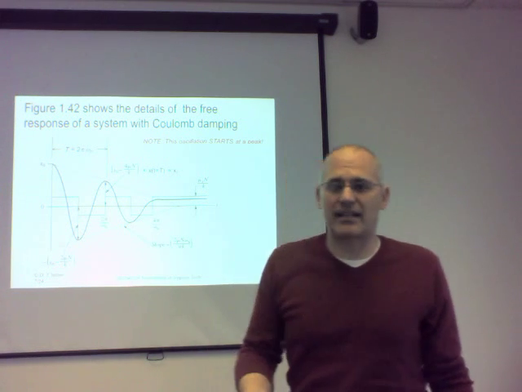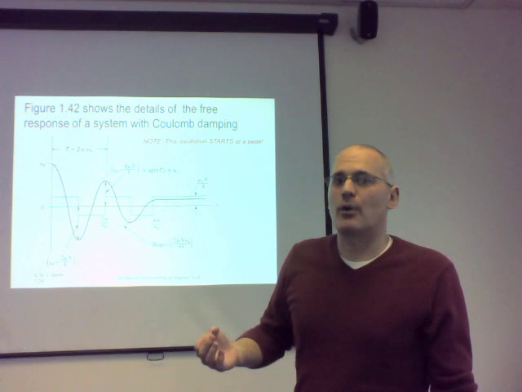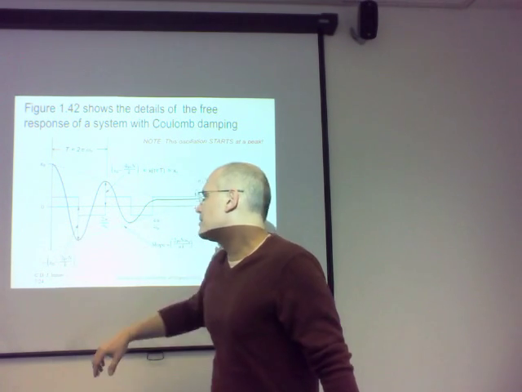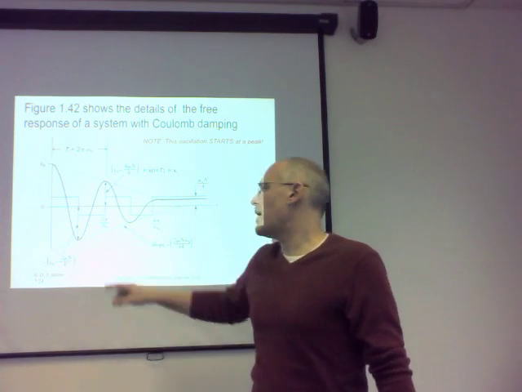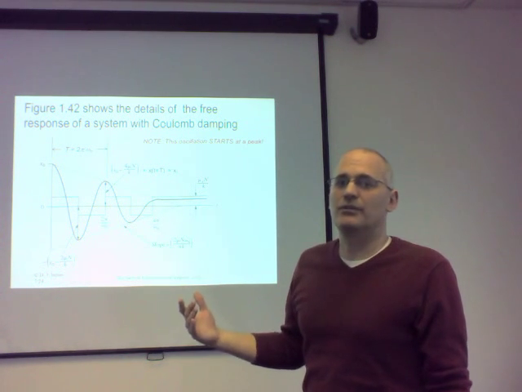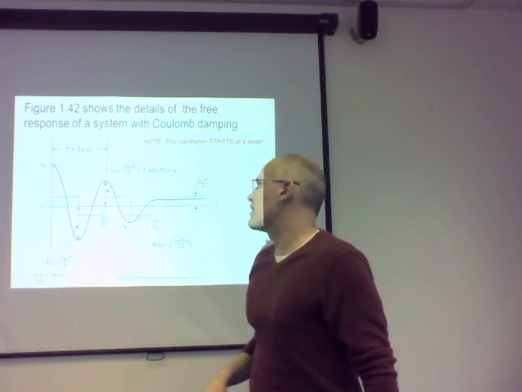You see we started at x naught. It's decaying linearly. So half a cycle down at the bottom, from the amplitude x naught we're losing 2 mu N over k. After one complete cycle, how much are we losing? Well, we're losing twice that: x naught minus 4 mu N over k.